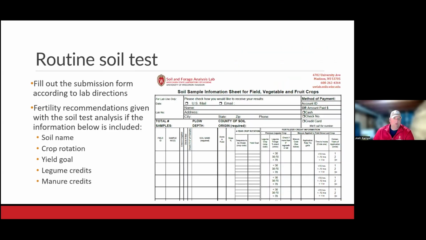Okay, so that routine soil test, this is a sample sheet for UW-Madison for the soil and forage lab. Work with whatever lab is convenient in your part of the state. Fill out the submission form as accurately as possible. If you do so, recommendations will be given back, and these are the same recommendations that you'd get through A2809, which is our soil application guidelines for Wisconsin.